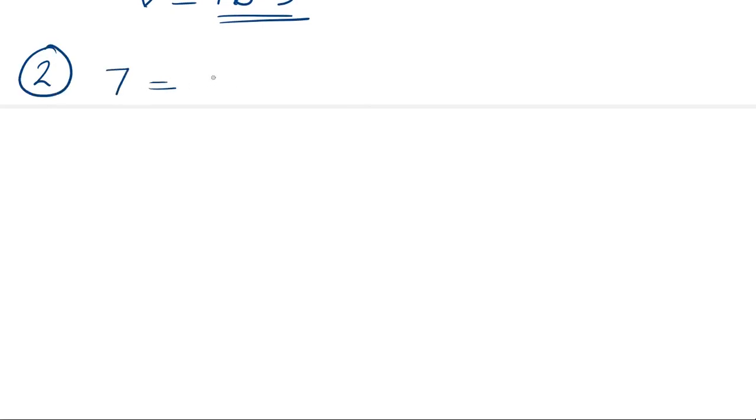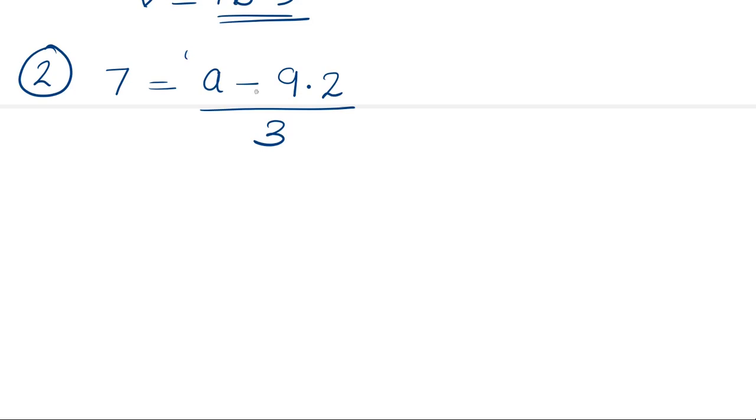7 is equal to (a minus 9.2) whole divided by 3. So here a minus 9.2, the whole divided by 3. So we have to isolate this thing on the right side. So for that we can multiply both sides by 3.